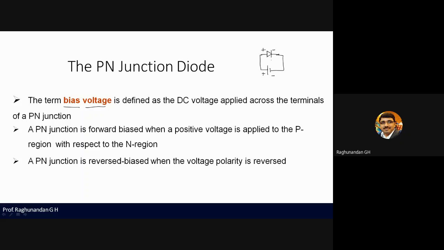Now we have connected an external power supply. If you connect positive to positive and negative to negative, it is forward bias. If you reverse the polarities, then it is reverse biased. The diode will conduct only under forward bias condition. It will not conduct in reverse biased condition.